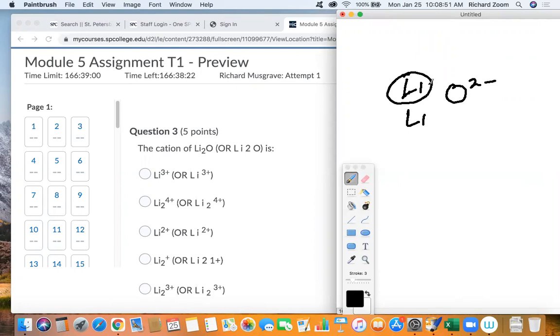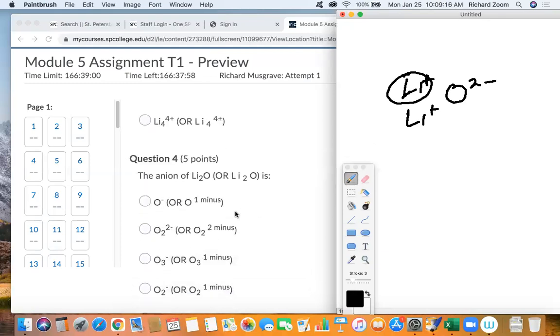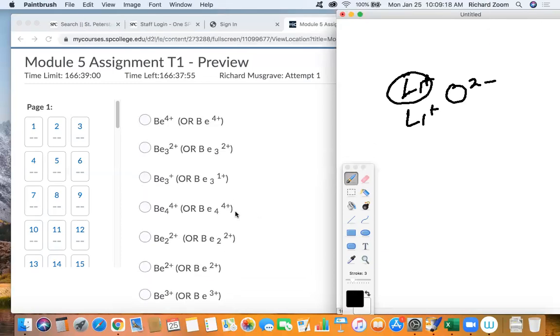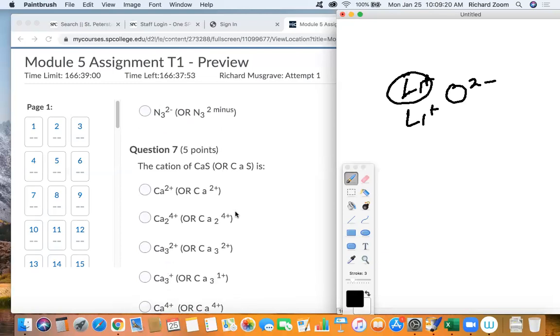If O is -2 and lithium is +1, then the answer there would be lithium plus. The reason I do it this way is because this is what the naming is all predicated on. It's all predicated on what the name of one of each cation and each anion is. That's how it works. That's why I require that kind of work here.